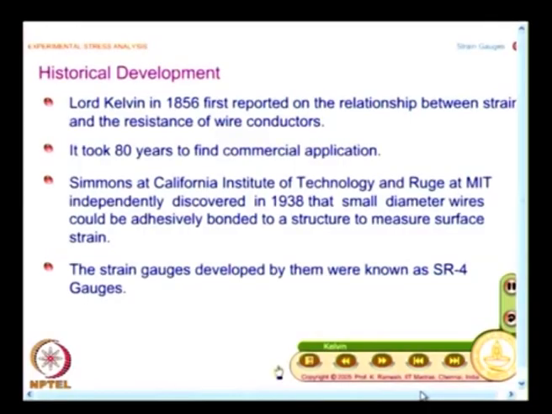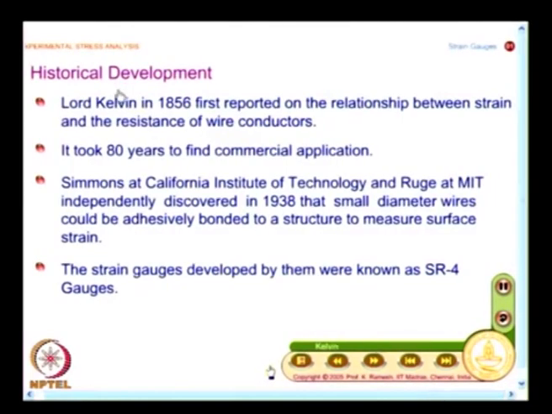Now, we will get into the details, and I have always been looking at the historical development of any of these experimental techniques. And we have already looked at it: it was Lord Kelvin in 1856 who reported on the relationship between strain and the resistance of wire conductors. And you all know it took almost 80 years to find commercial application.